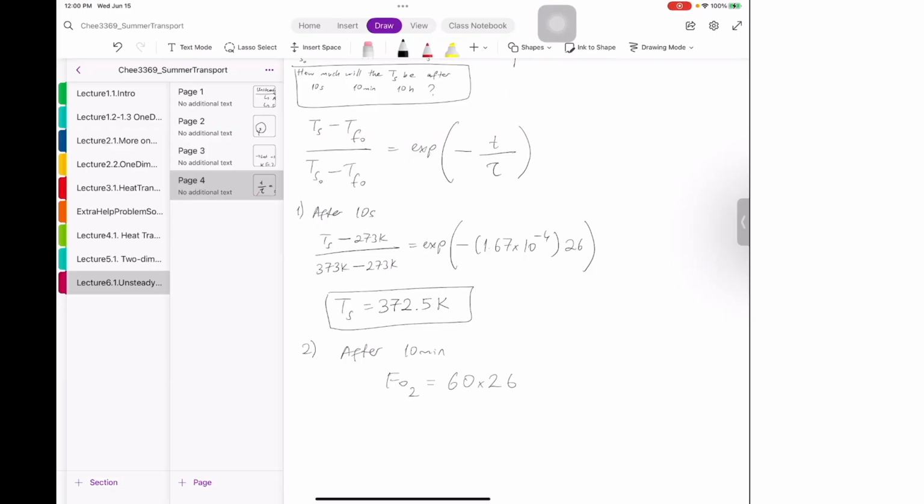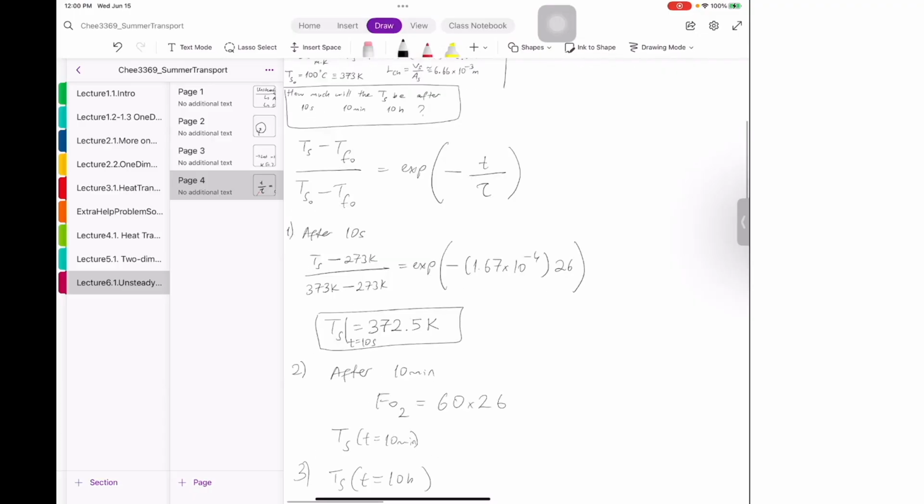So that might be a good exercise for you: do it for Ts at t equal to 10 minutes, and Ts at t equal to 10 hours, as homework not to be collected.